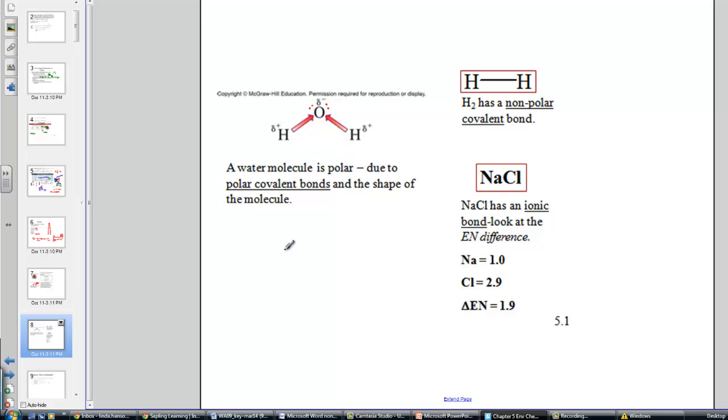To remind ourselves what a polar substance is, it's a structure that has an area that's positive and an area that's negative, just as a bar magnet does.